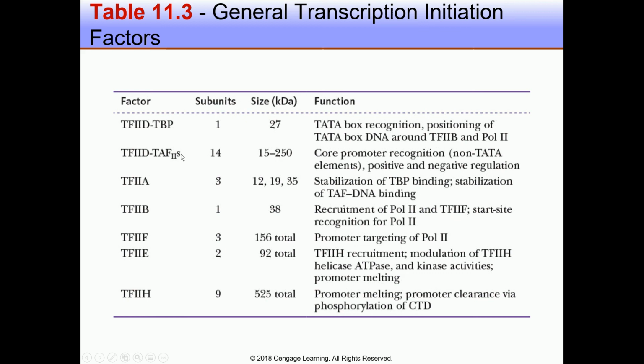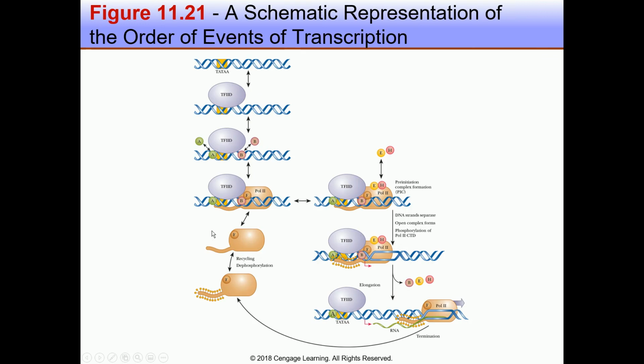These are different transcription factors which are involved, and they basically help in the formation of a transcription initiation complex. So you can see how it takes place. So this is the DNA, this is the promoter region, the TATA region is there. So first of all, this transcription factor TFIID is going to bind on the promoter region. Okay, it binds here on the promoter region, and it's followed by other transcription factors also.